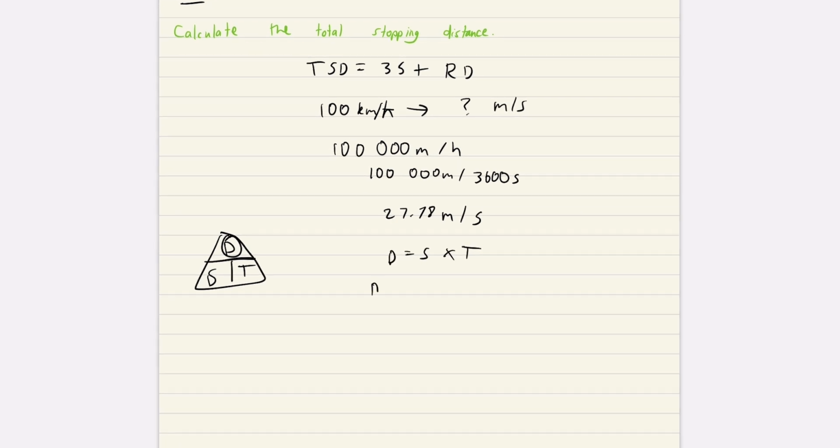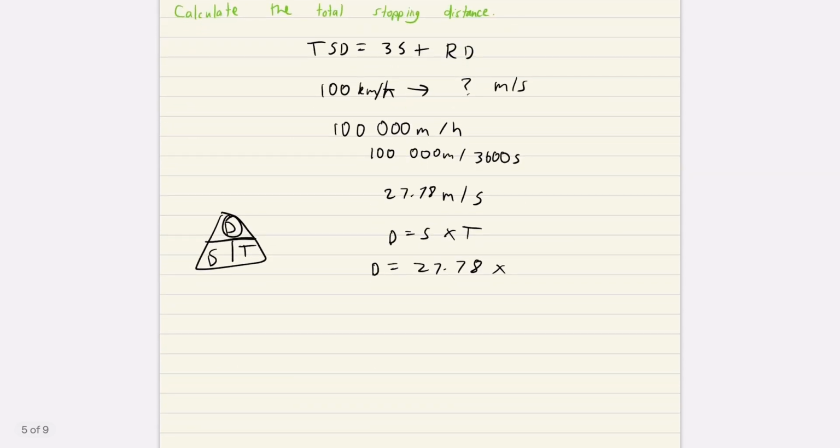So the distance is what we're after. Our speed is 27.78. And our time, well, his reaction time is 1.2 seconds. So now we've got to get our reaction distance. So if we type this into our calculator, we're going to get 33.33 meters. So that's how many meters the car will move while he's still reacting.